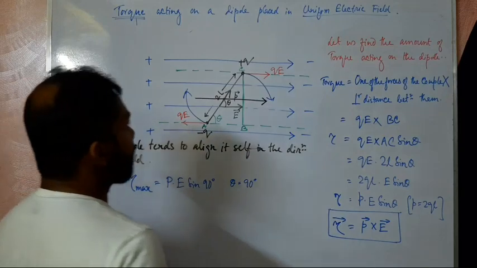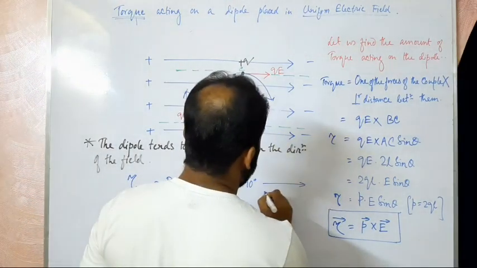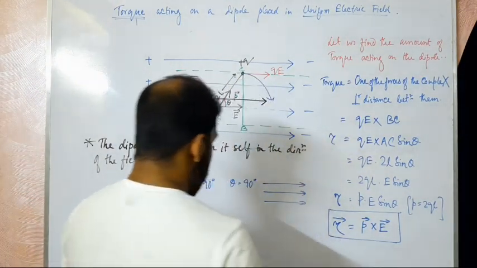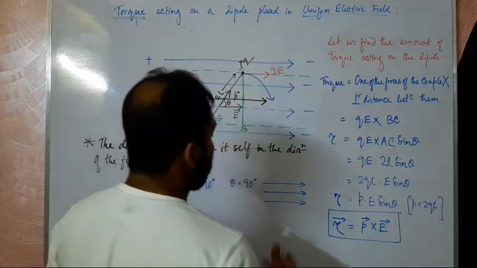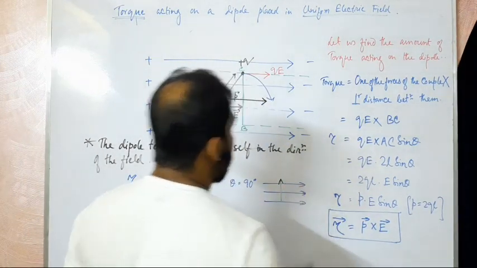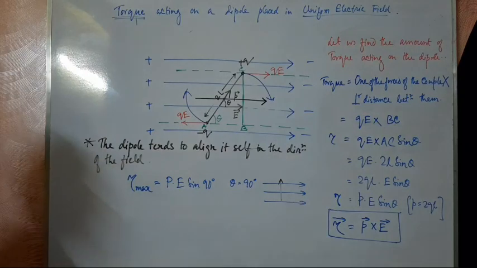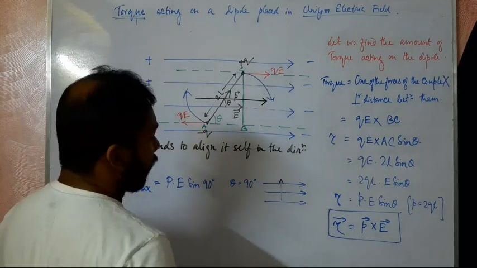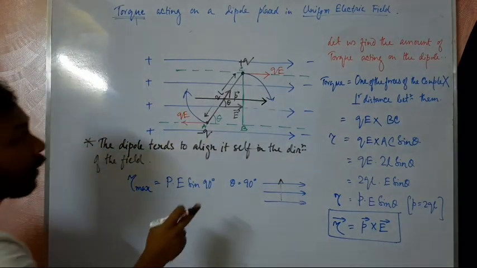What do we mean by theta being 90 degrees? We mean that the dipole is perpendicular to the field. When the dipole is placed perpendicular to the field, it will experience maximum torque.